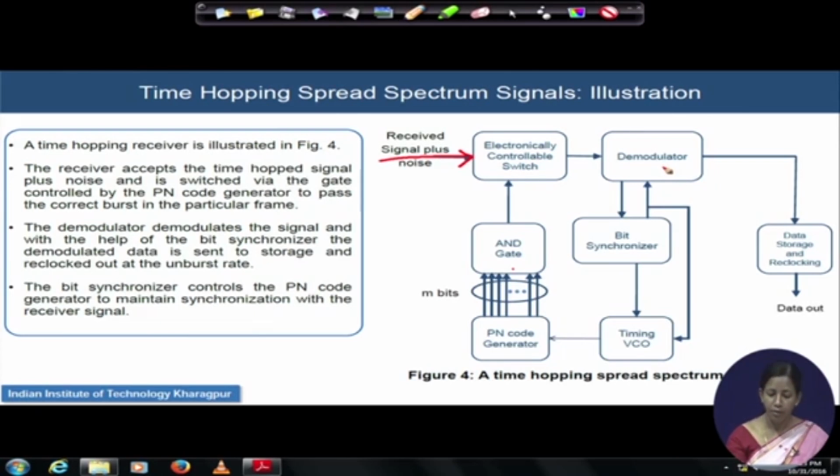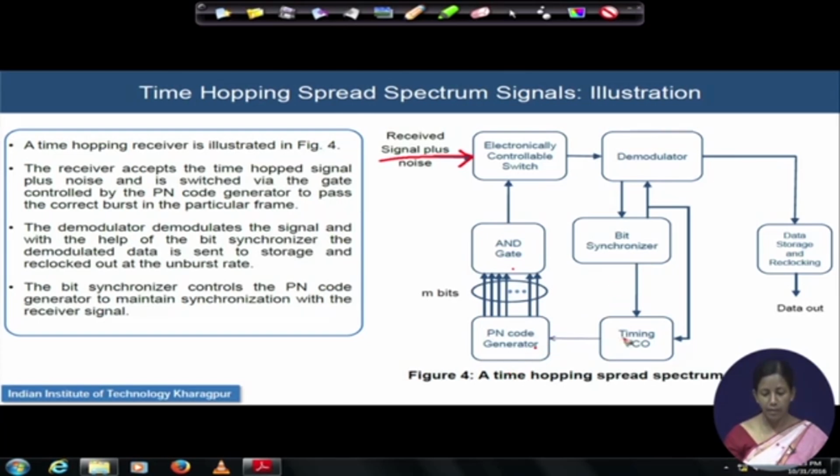Once it is entering into the demodulator, the bit synchronizer helps to provide the synchronization information. So, that demodulator demodulates the signal, and the data is stored, and it is reclocked, because now that it is dehopped, it is also reclocked. The bit synchronizer drives the timing VCO, which tries to keep the bit synchronizer and the PN sequence code generator in sync.